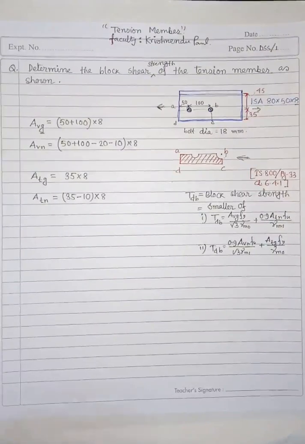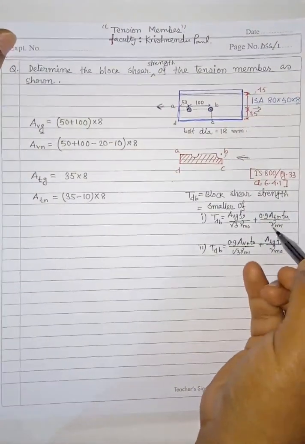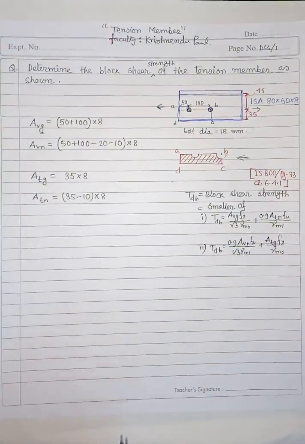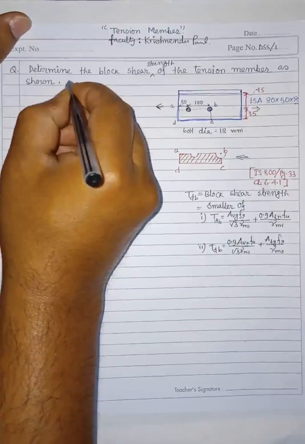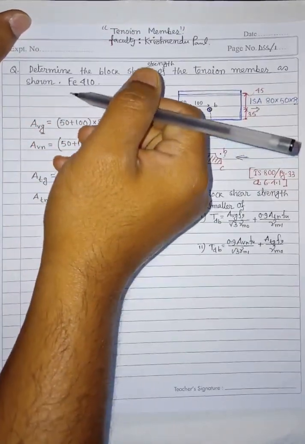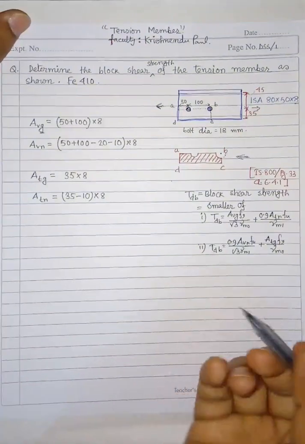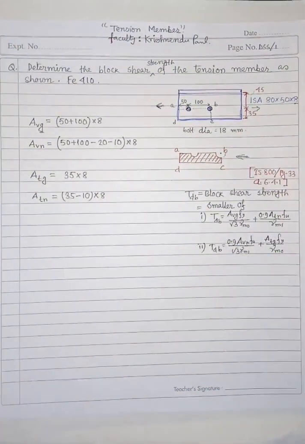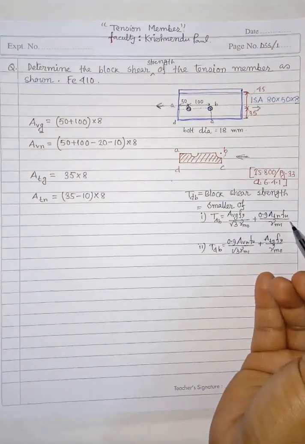Now you know fy, so here the steel should be Fe 410, and the bolt grade you can assume 4.6. So fy will be 250 MPa, and fu will be 410.